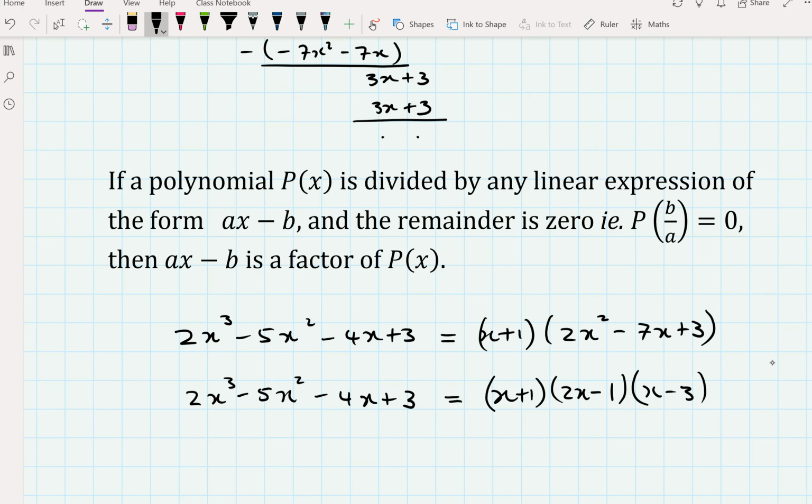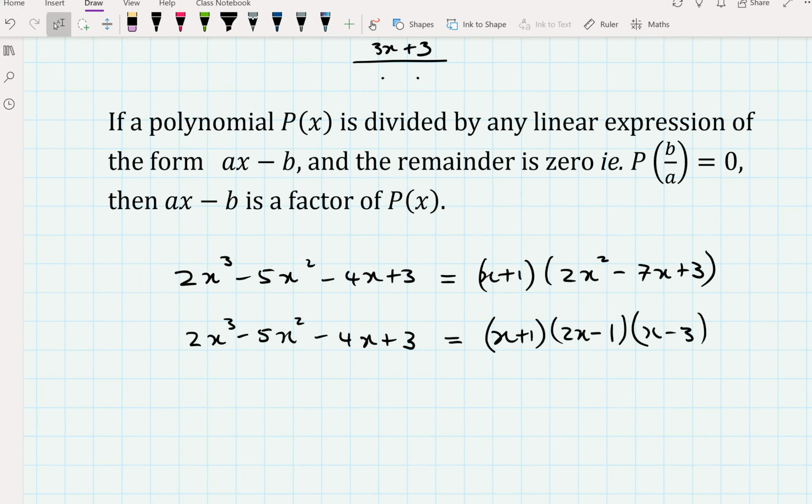And that then allows us to take this situation and solve it. So in other words, I could ask you to solve 2x cubed minus 5x squared minus 4x plus 3 equals 0.